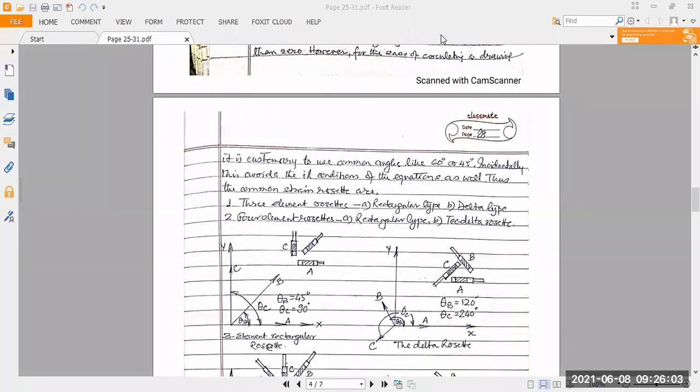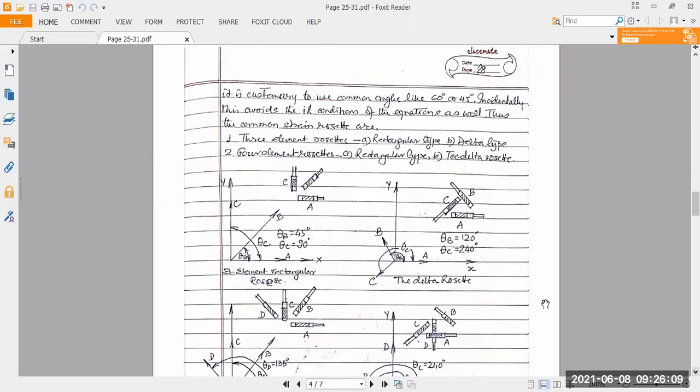A three element rosette, the rectangular type. Now what is this? The three element rectangular rosette itself. What we are doing here: this is O, and this is OA, OB, OC, and this is the x-axis and this is the y-axis.